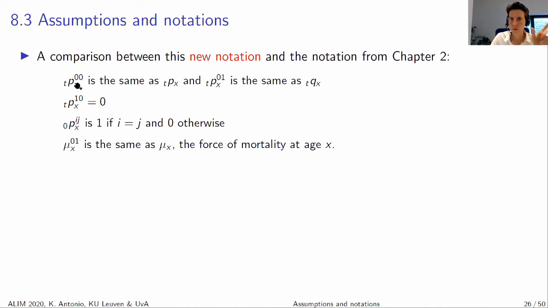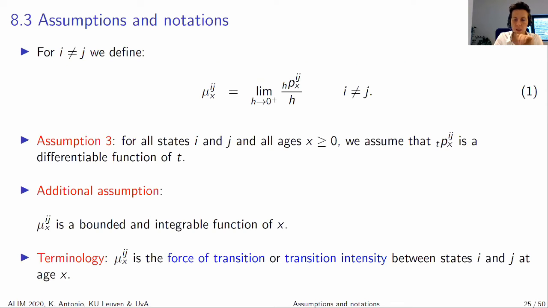And that's the same as tPx00 bar, because in the simple alive-dead model, staying in state 0, whether you denote that without a bar or with a bar, is the same, because there is no transition possible that will lead you out of state 0 and allows you to come back to state 0. tPx01 would be the equivalent of tQx, the probability that you die before age x plus t. Okay, that's the analogy that I wanted to make.